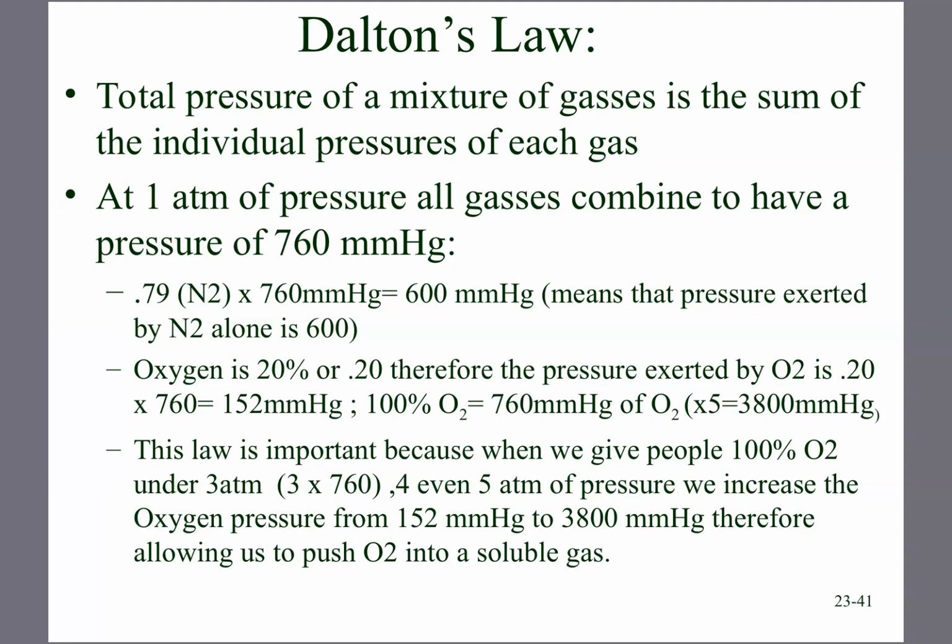And again, oxygen is very explosive. So if any spark occurs at that high oxygen content, everything blows up. Everything catches on fire. So we only do this in a hyperbaric oxygen chamber where we can limit the possibility of that. And very few places have hyperbaric oxygen chambers because of it.